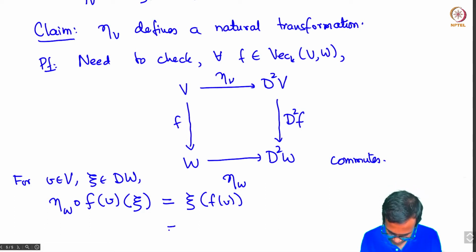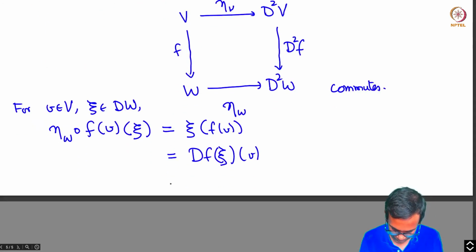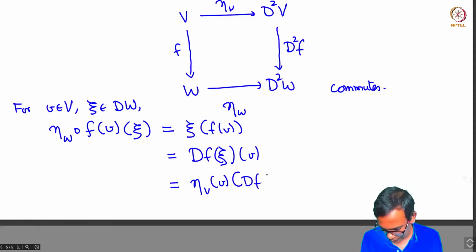And that is the same as df of xi evaluated at V. That's from the definition of D. And that is the same as eta V of V evaluated at df of xi.